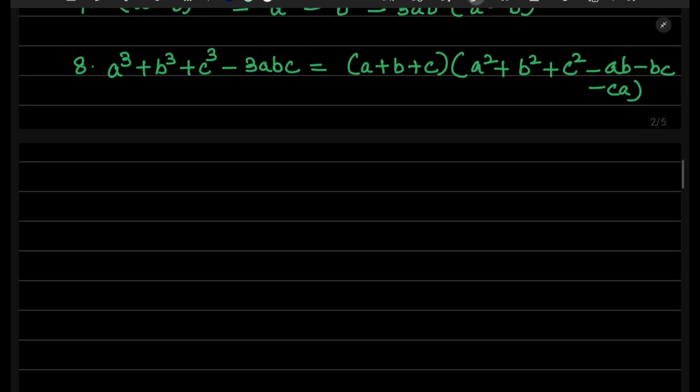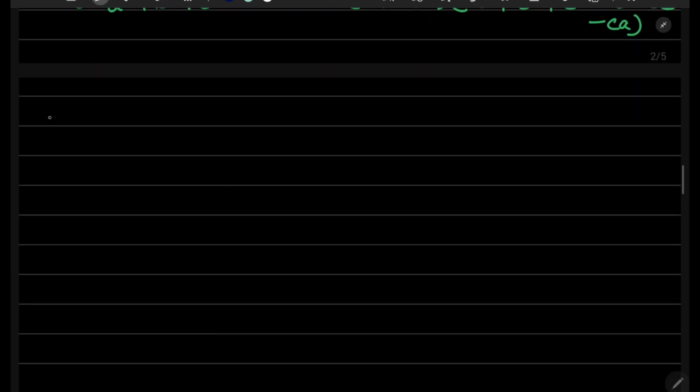The very first question for the day, you can make a note of it: (x plus 2y plus 4z) the whole square. The minute you see this question, you have to identify which algebraic identity it is.